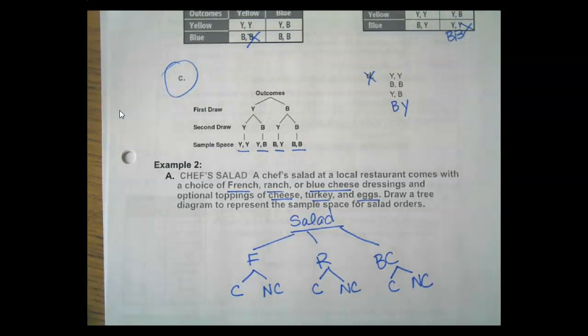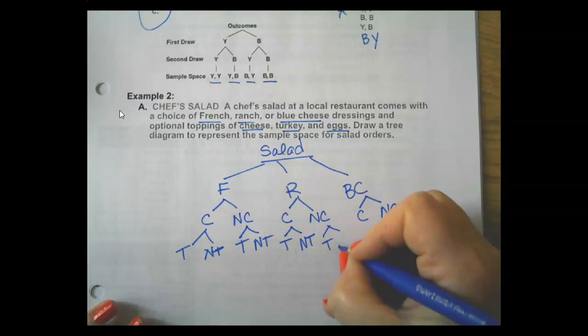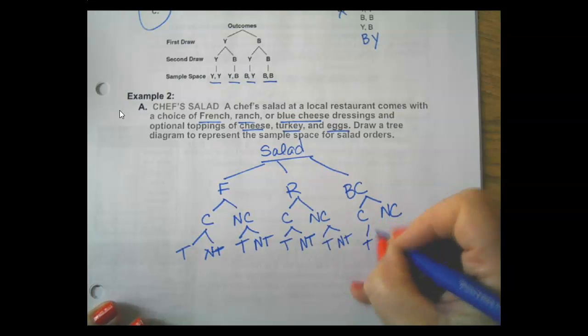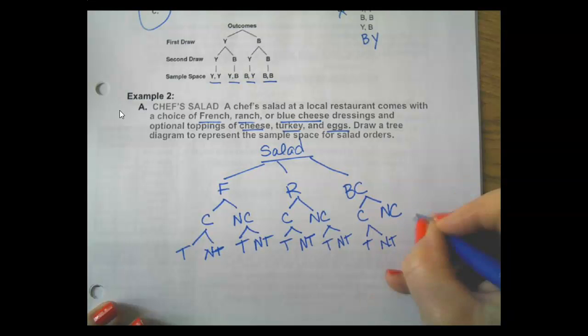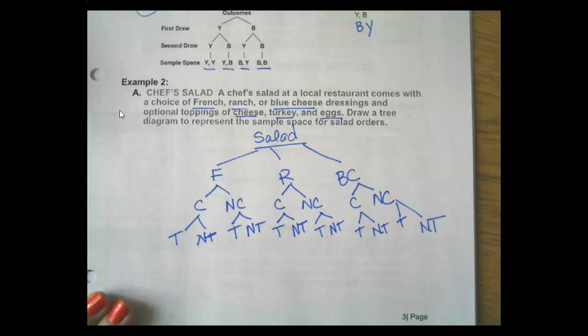Do you see where we're going here? Turkey, no turkey, for each of these. Wow, our outcomes. Think about how many possible outcomes.